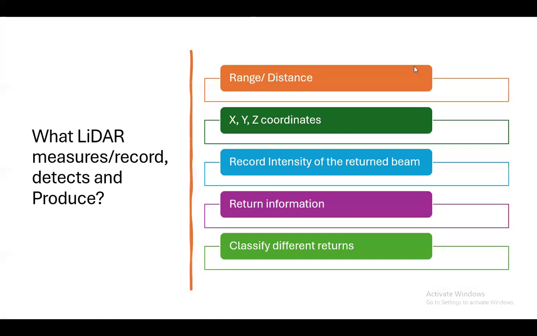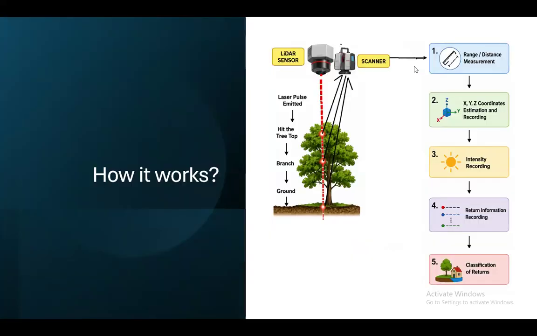Okay. But it can detect different types of surfaces, right? Absolutely. It can detect the branch, the canopy, the bottom. But not like how multispectral detects, because multispectral detects based on spectral information, pixel value, digital number value, and signatures, and LiDAR does not utilize this.